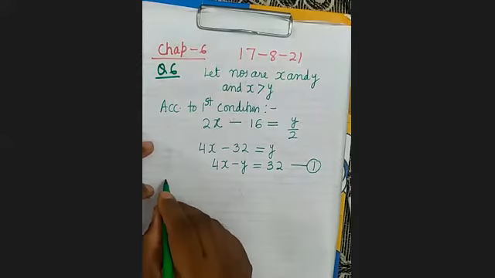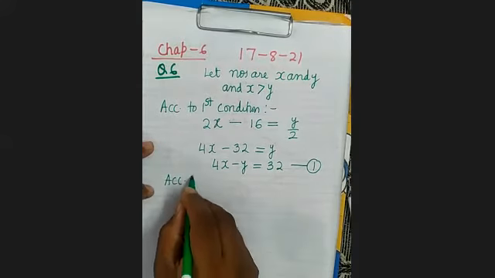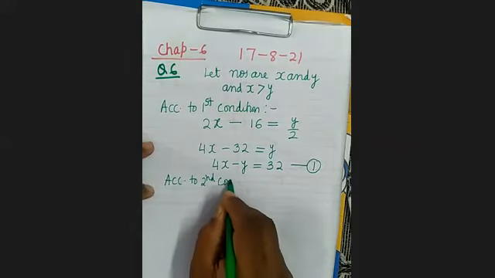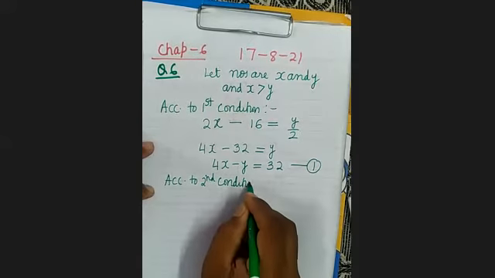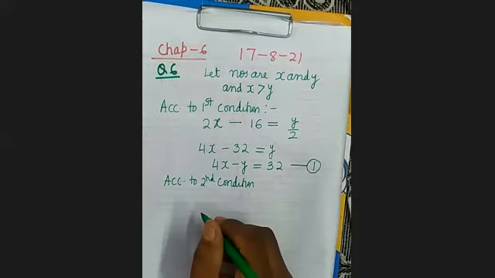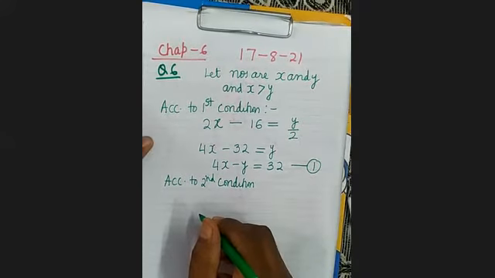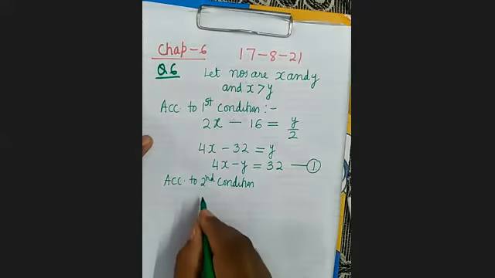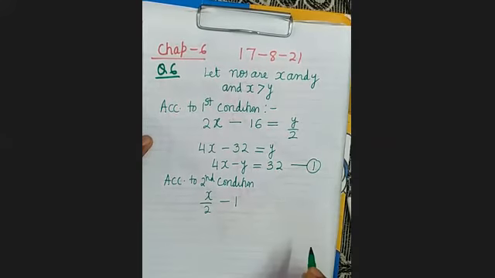Now see according to the second condition. If from half the greater number, 1 is subtracted, half of the greater number is x by 2, 1 will be subtracted.